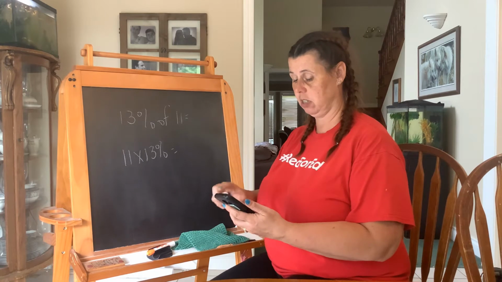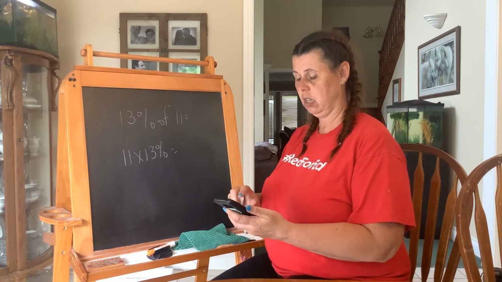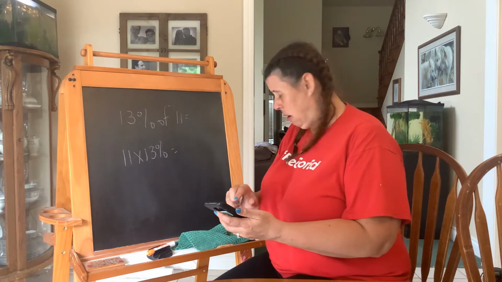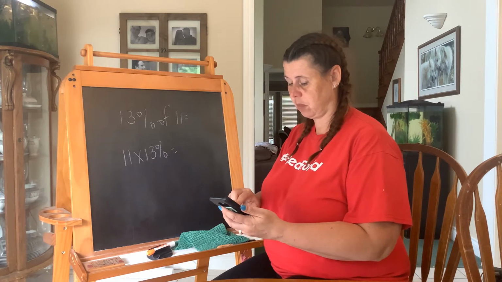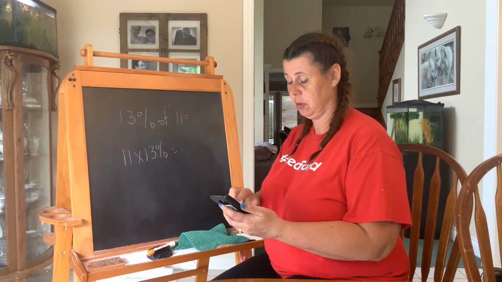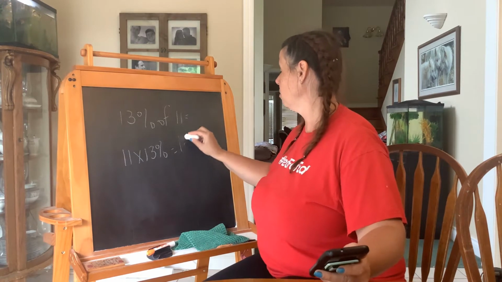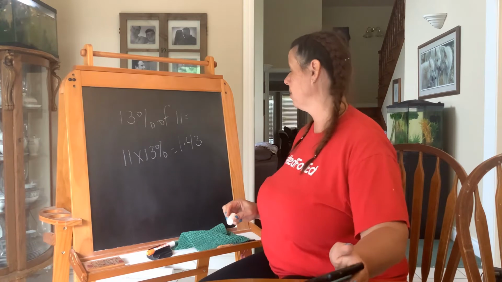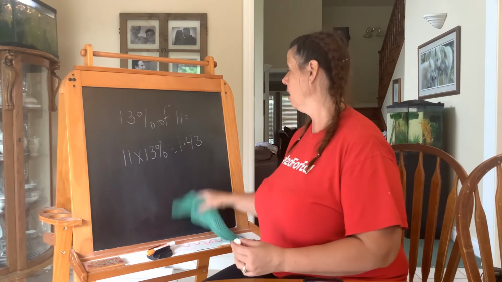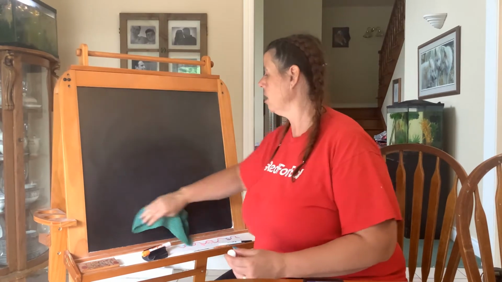I'm not sure what it is, so let's look. Calculator. 11 times 13%. It's $1.43. Okay? That's the easiest way to do it. So have your calculator ready today.